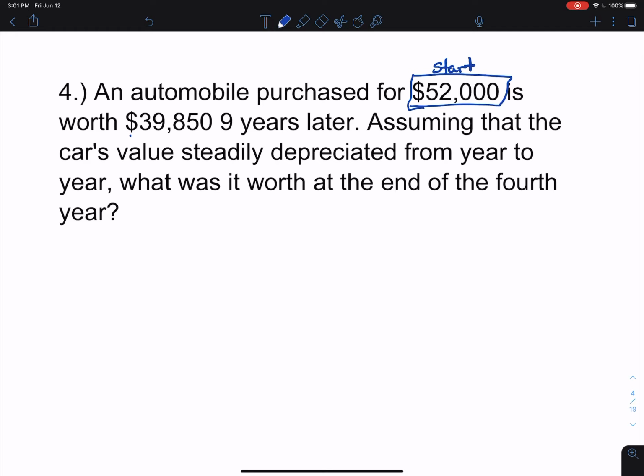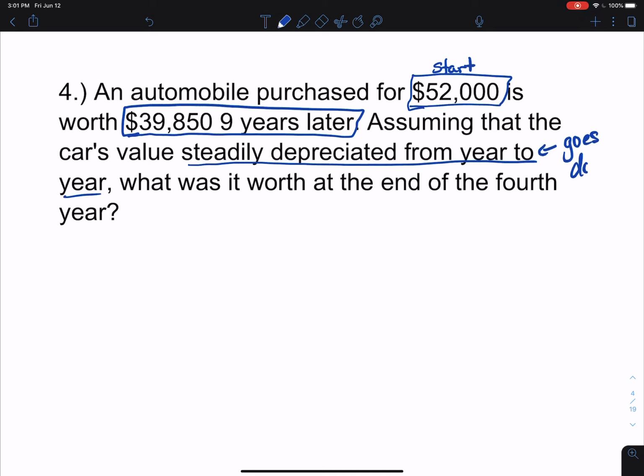But then they tell us that it's worth $39,850 9 years later. Then they also tell us that the car's value steadily depreciates from year to year. That means it goes down by the same amount every year.